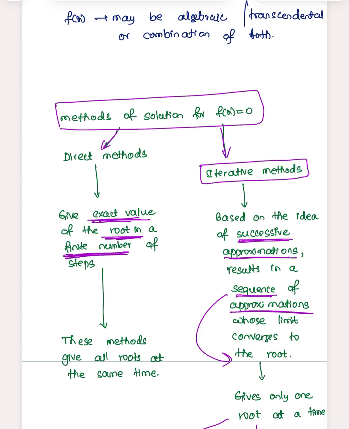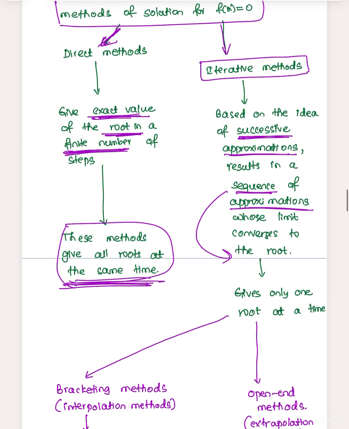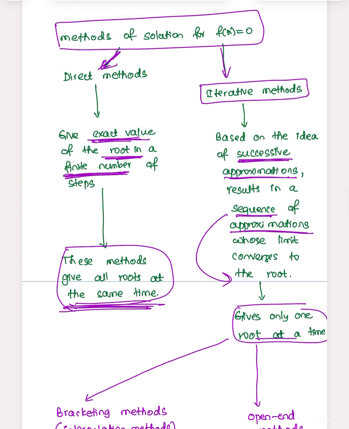Now in case of direct methods, we get all the roots at a time, that is, all the roots in a single step. In case of an iterative method, the method will give only one root at a time. So if we get only one root at a time, that will be an iterative method. If all the roots are obtained in a single procedure, that will be a direct method.